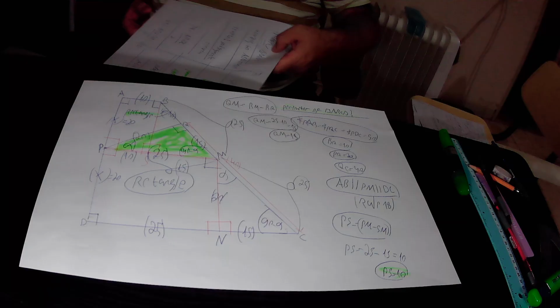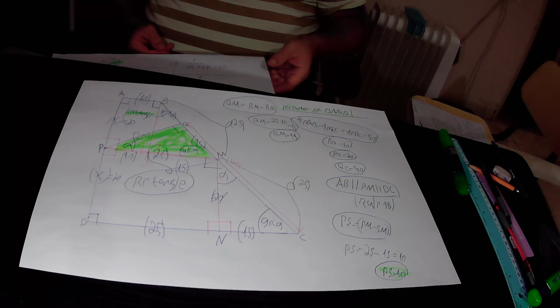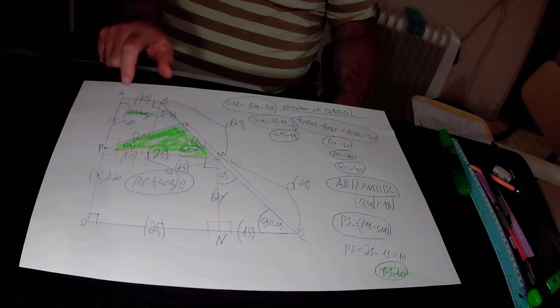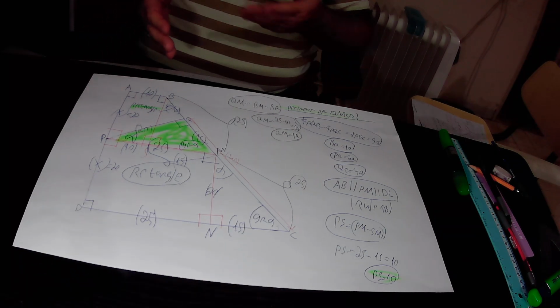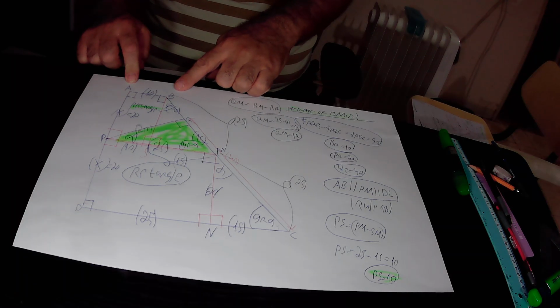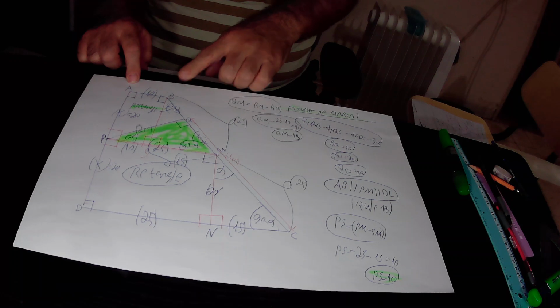In the next step, I present to you the second method of finding the length of side AB.